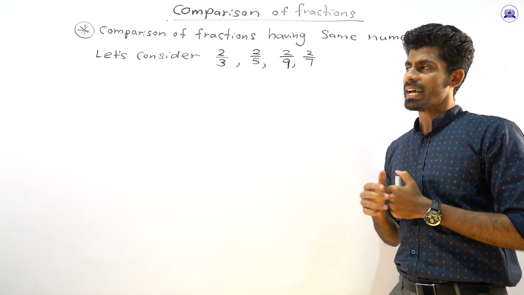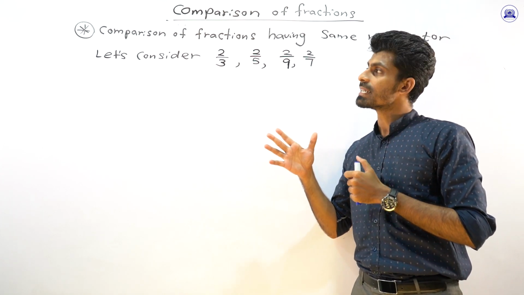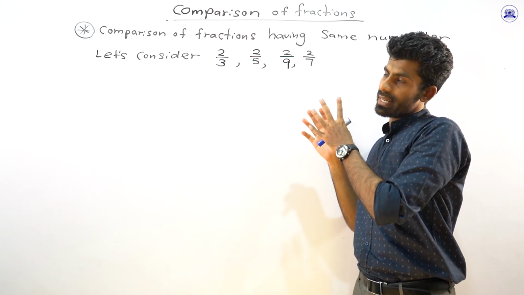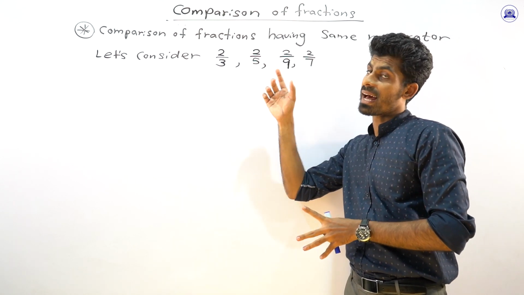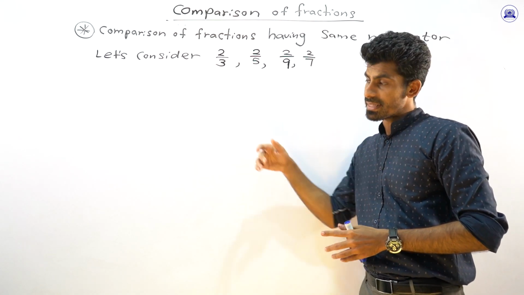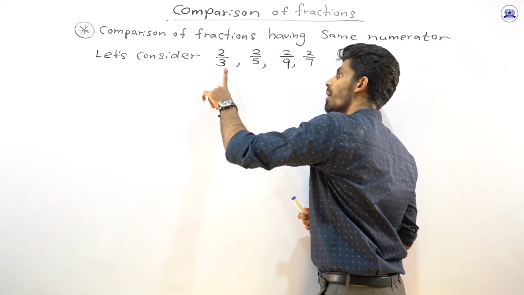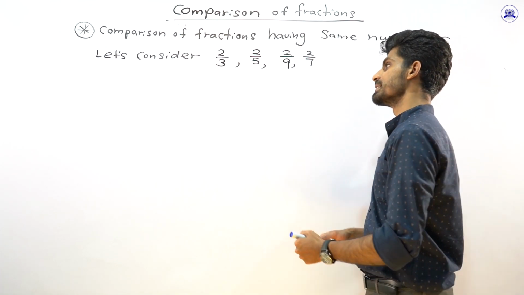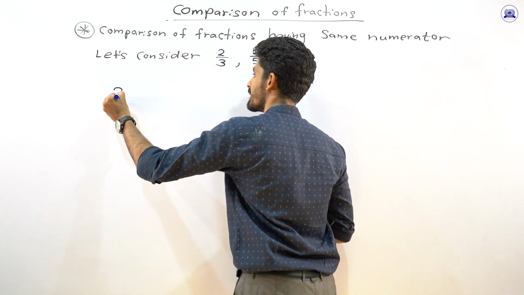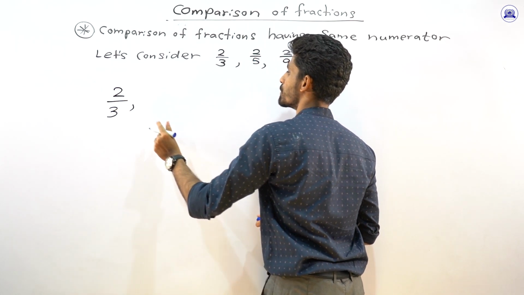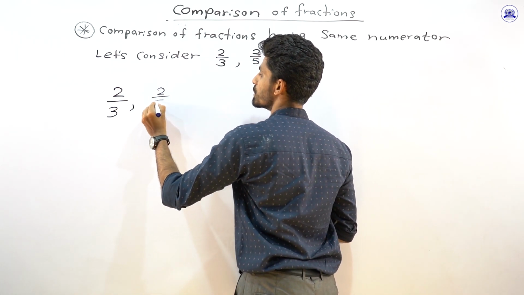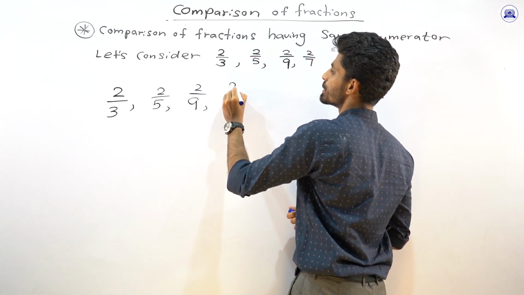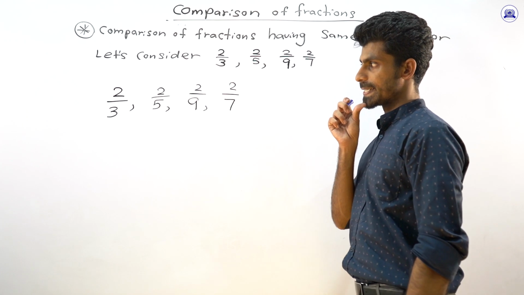The largest fraction is the fraction with the smallest denominator, right? So I will write down those fractions here: 2 over 3, 2 over 5, 2 over 9 and 2 over 7.